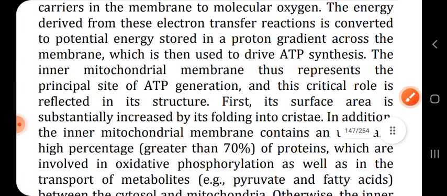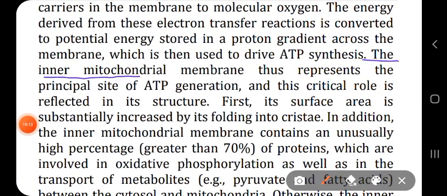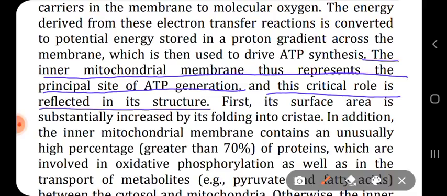So the inner mitochondrial membrane thus represents the principal site of ATP generation, and this critical role is reflected in its structure. In this way, the inner mitochondrial membrane is the important site for ATP generation, as I have said, by breakdown of carbohydrate and fatty acids.